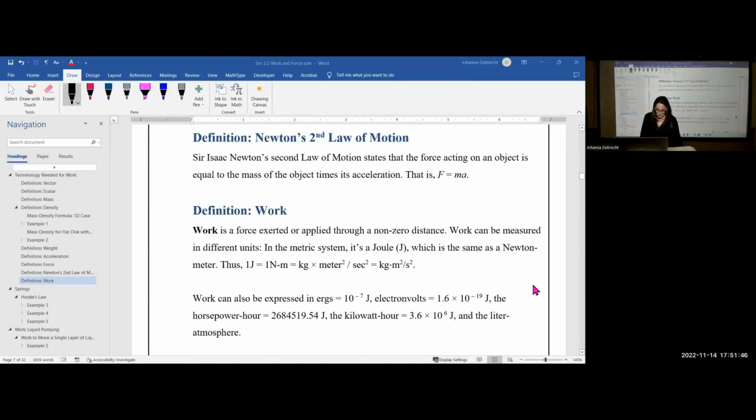Now, what is work? If we think about work, work is basically some kind of force exerted through some non-zero distance. Now, here's the weird thing. If you push on something like a wall with all your weight, I mean, you really shove on the wall, but the wall doesn't move because walls don't move, then you've done no work, at least in the external physics sense.